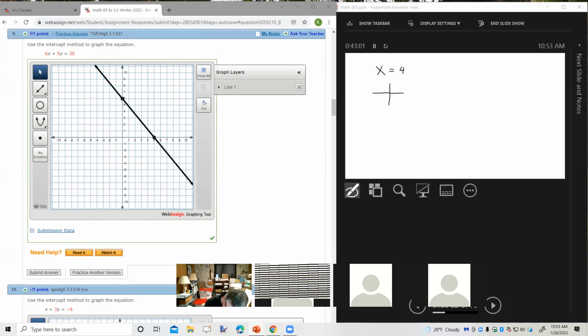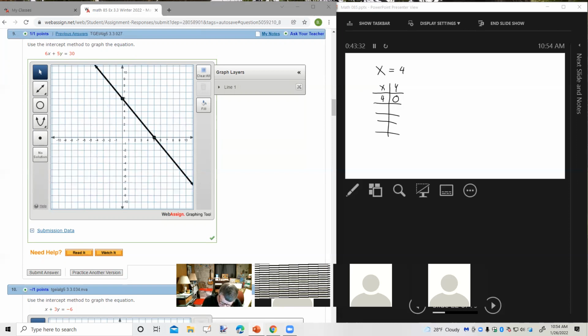Suppose I wanted to complete a table and find some ordered pairs. Let's find the x-intercept. So we'll set y equal to 0. Well, if y equals 0, what is x? Four. Yes.